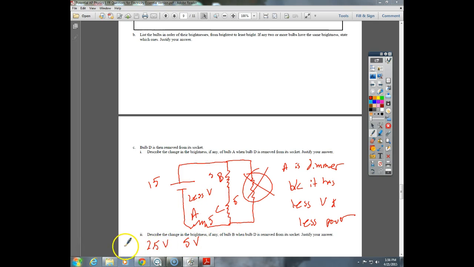So you could say B goes from 2.5 to 5 volts, which also increases power. So it is brighter. And those are the word explanations that you need for these. And that is the end of this problem.